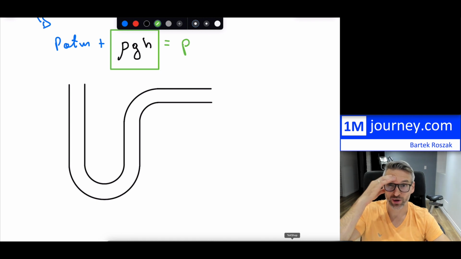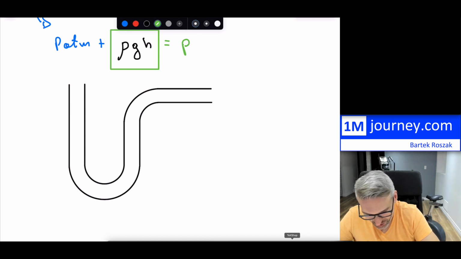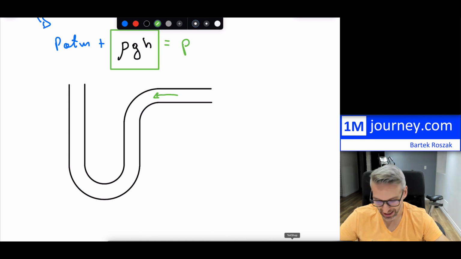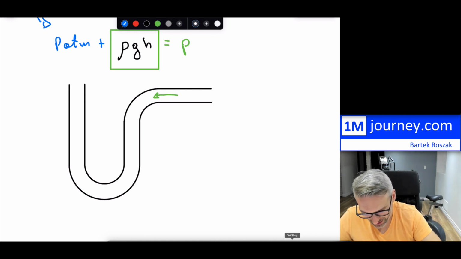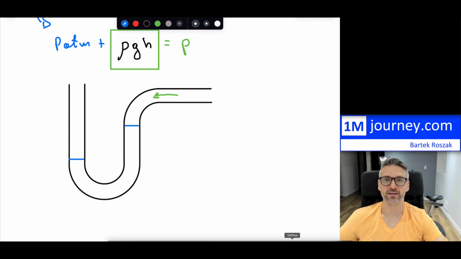You might scratch your head and say, so what's going to happen in here, where you have this pressure trying to push or pull this along? And what you observe is now something different. You might observe the liquid getting pushed up on the right-hand side.